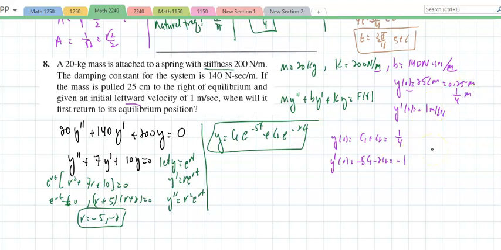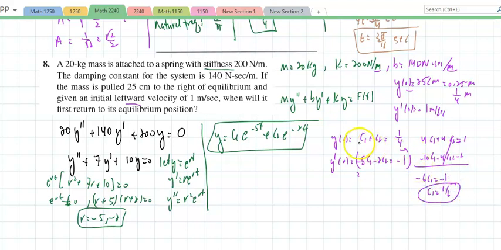So in this case, I'm looking at 4c1 plus 4c2 equal 1. If I multiply the bottom by 2, I'll get negative 10c1 minus 4c2 equal negative 2. If you add those, you will get negative 6c1 equal negative 1. c1 is 1/6.